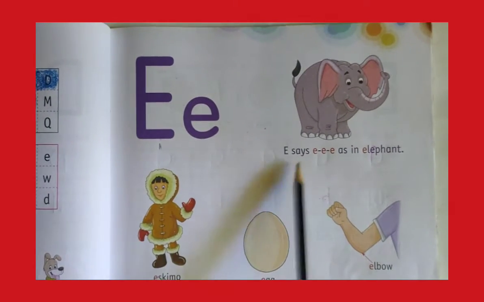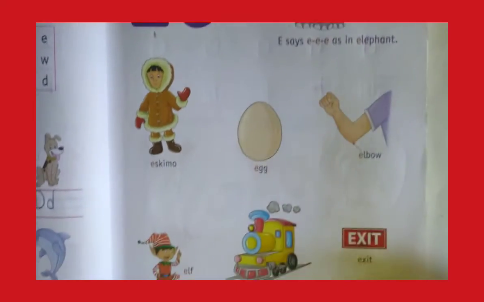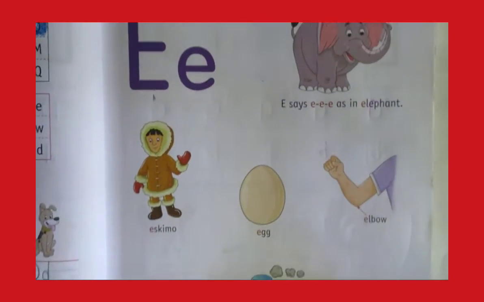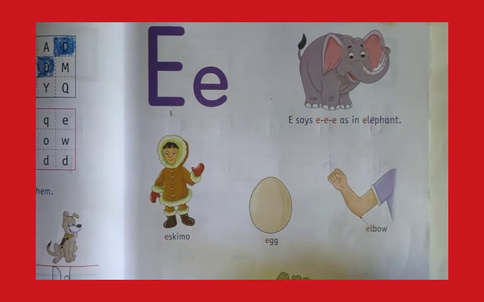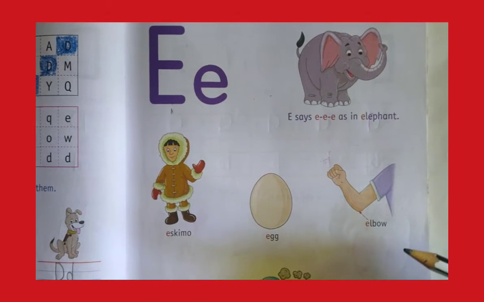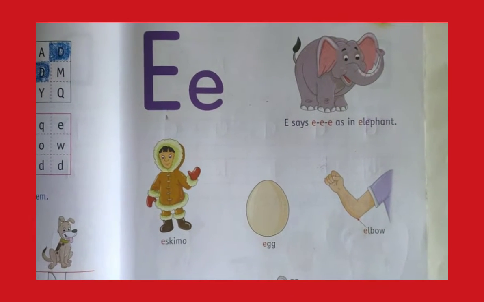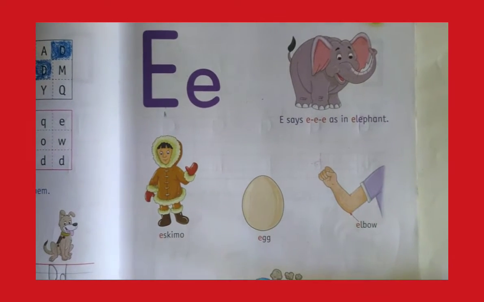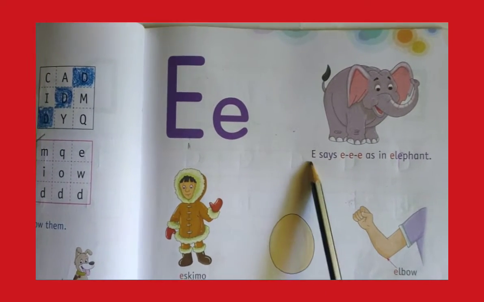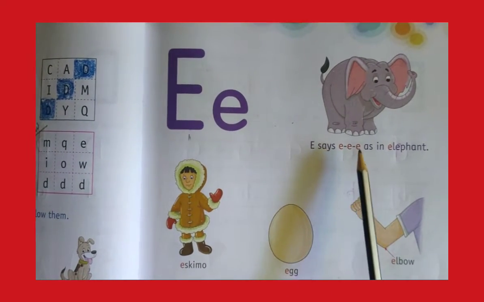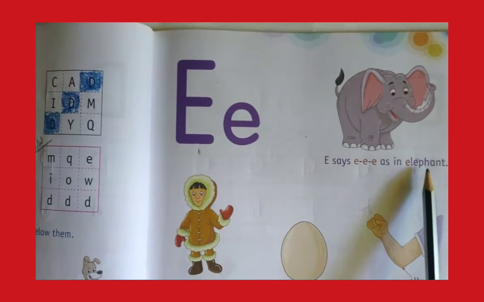Okay. So, here you can see some objects are given. These objects are starting with the letter E. And you can say these are the objects of E. So, first one is E says E, as in elephant.